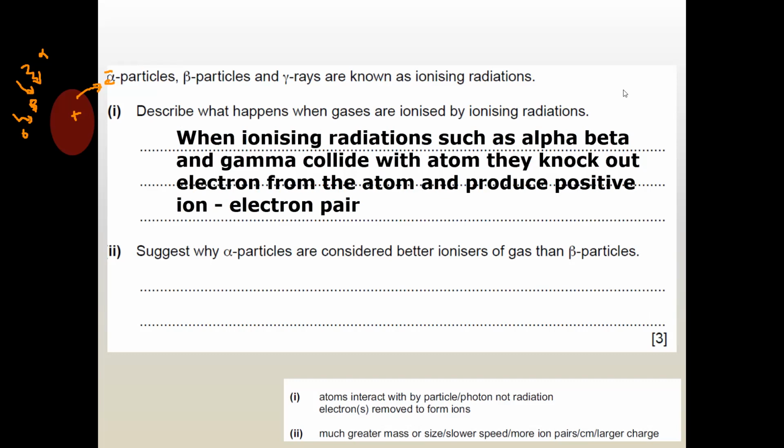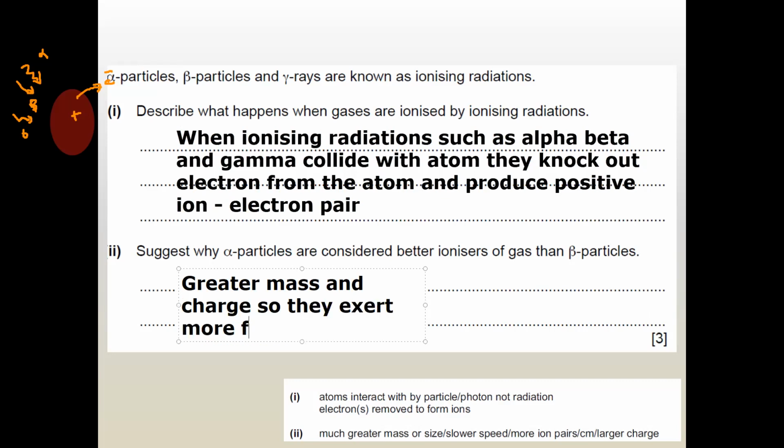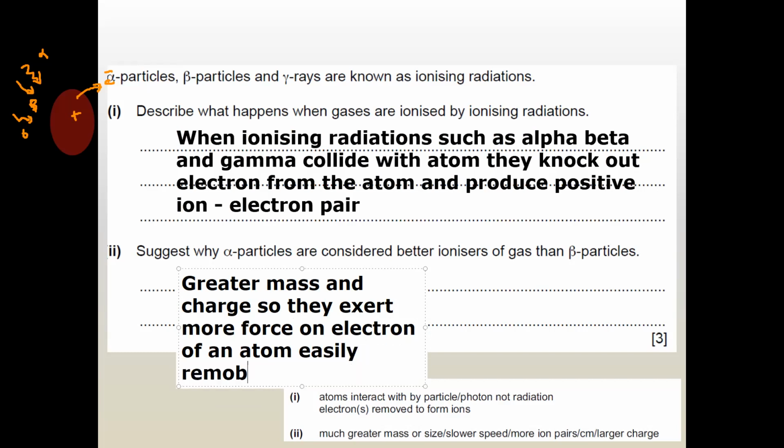Because they have a greater mass and charge, so they exert more force on the electron of an atom, and as a result, with more force, they easily remove the electrons.